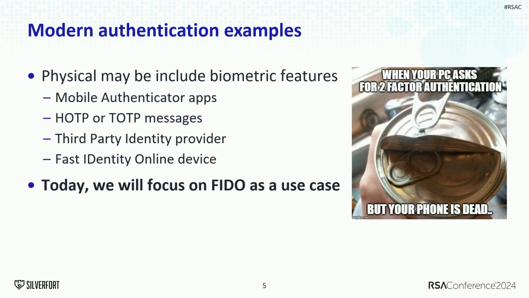Modern methods can be either authenticator apps, time-based textual passcodes, third-party identity providers, and obviously FIDO. So today we will discover and focus specifically on FIDO, as my original research was on.